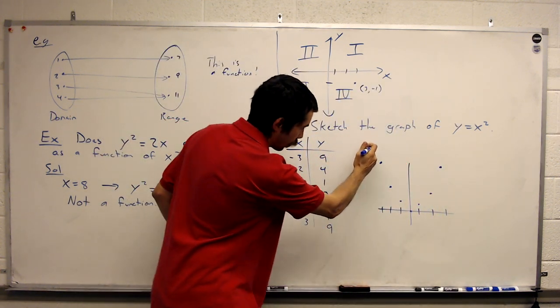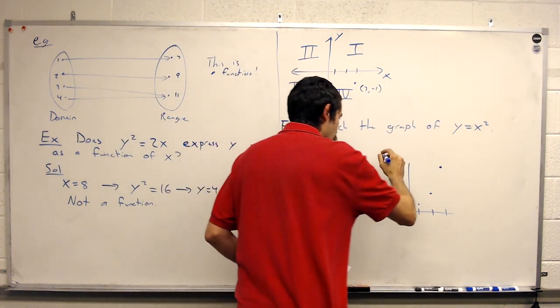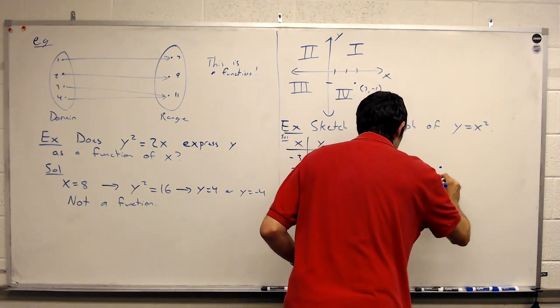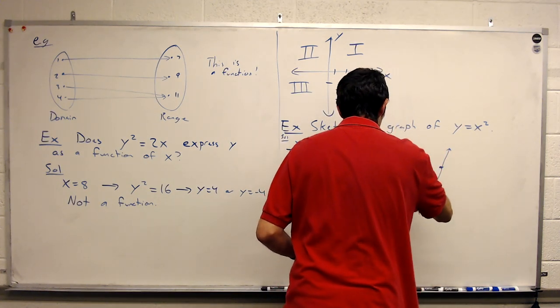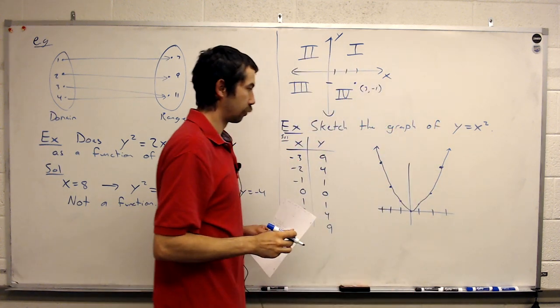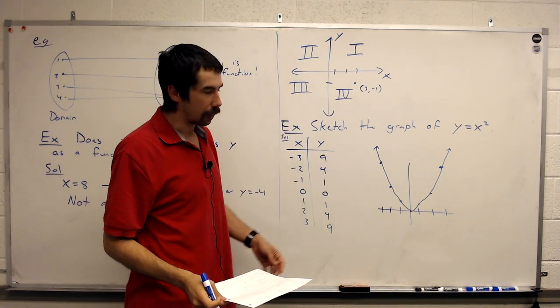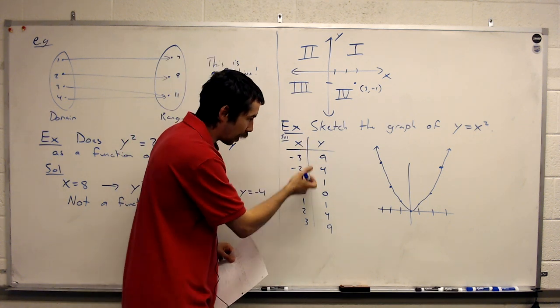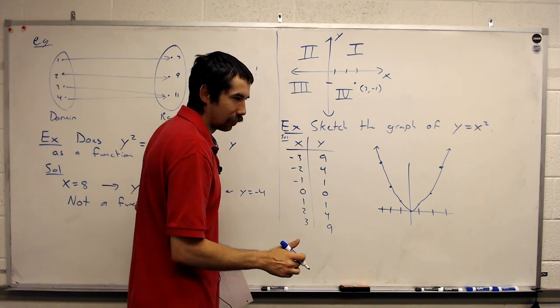And you can see we're going down, and then we're going to go back up. So the graph actually looks something like this. This shape is called a parabola. And so how did we get it? We just plotted a few points and connected the dots.